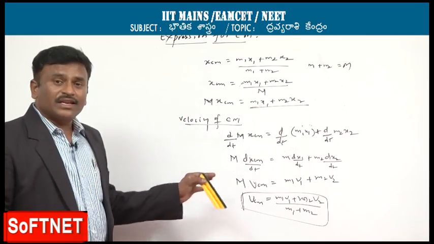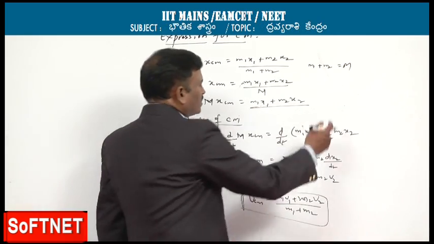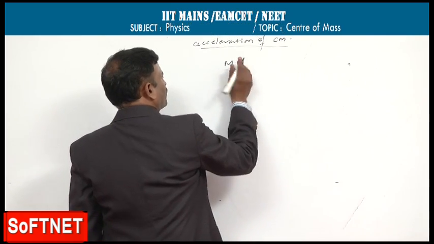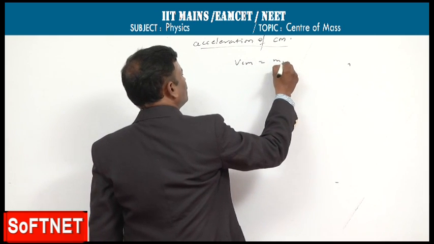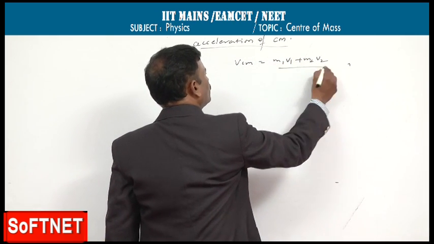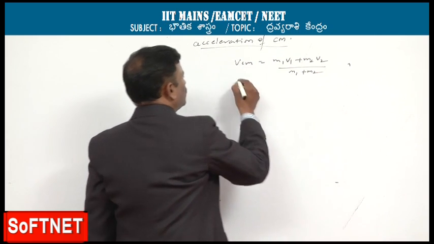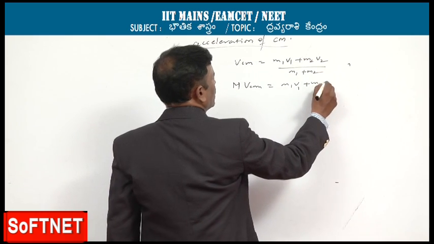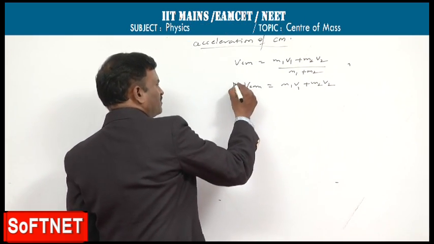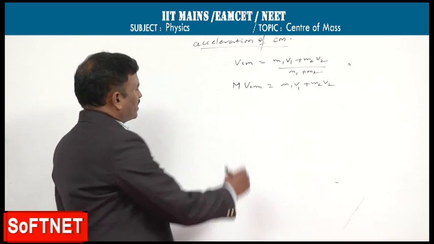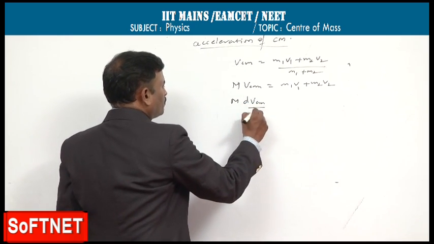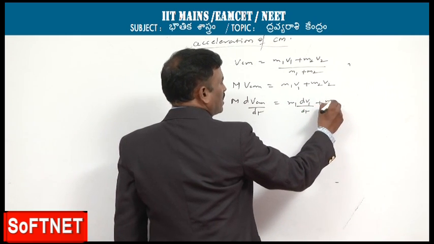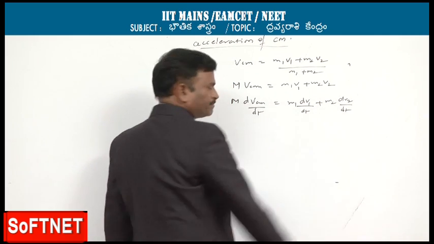Similarly, acceleration of the center of mass can be obtained in such a way. Already we got M vcm is equal to m1 v1 plus m2 v2. Differentiate both sides with respect to time. M into d vcm by dt is equal to m1 into dv1 by dt plus m2 into dv2 by dt.